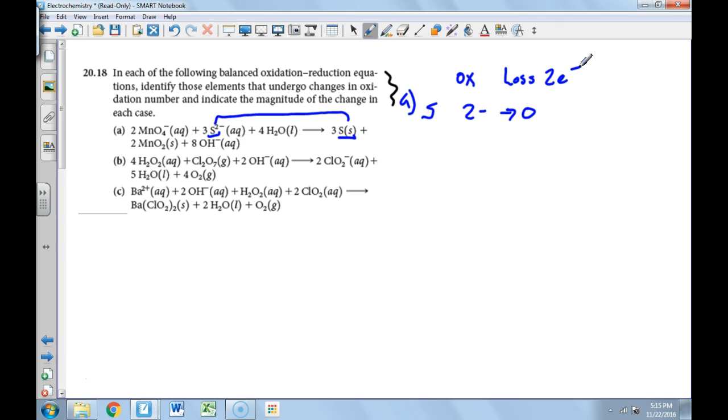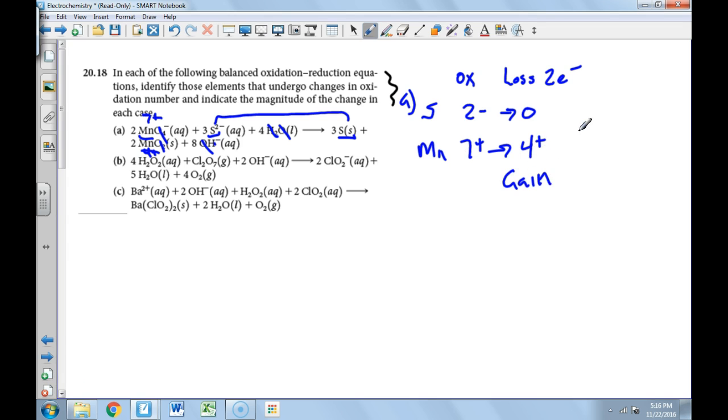So that's a loss of 2 electrons. Now the other one that's changing is not going to be hydrogen, and it's not going to be oxygen, it's going to be manganese. Manganese is going from a 7+ to a 4+, so it's gaining electrons.